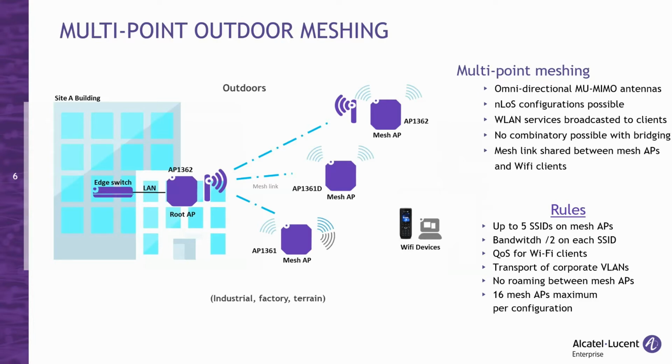Management of each SSID is identical to campus SSID, with support of various VLANs and QoS management for external Wi-Fi clients. VoIP and real-time applications are supported in best effort mode only. There is no roaming between mesh APs, and there is a maximum of 16 mesh APs per mesh configuration.